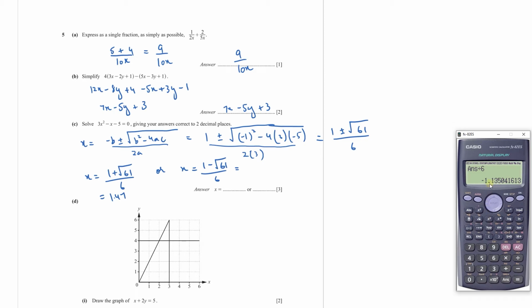So again, I will write up till three significant figures. So this 3 will be rounded up to 4 because the next value is greater than or equal to 5. So this will be minus 1.14. So x is 1.47 or minus 1.14.